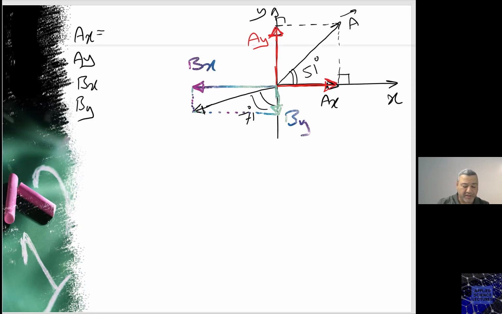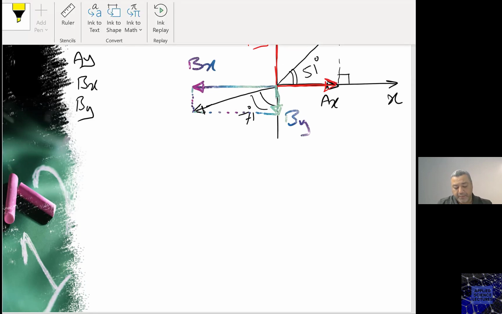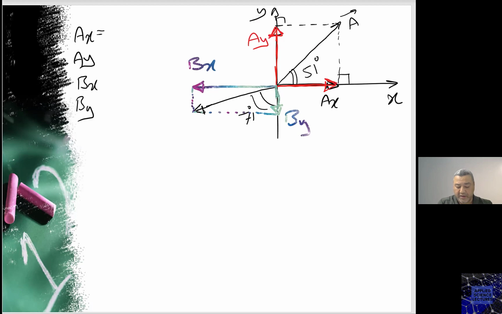We're going to come to this, but let me first put the expression for AX. Based on what we've done, AX is A cosine 51. Then definitely AY should be A sine 51. If you understand how to do one of them, the second one should be the sine, right?